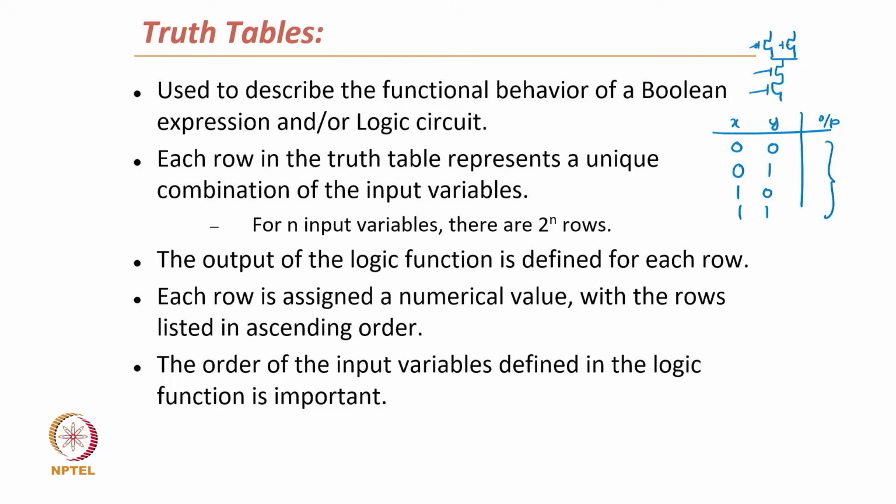It has 2 PMOS in parallel on top and 2 NMOS in series at the bottom. Then this is the NAND gate operation, and when 1 1 is there, then the output is 0, otherwise it is all 1.